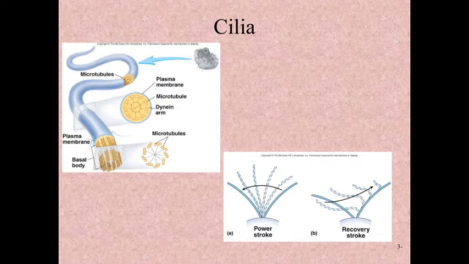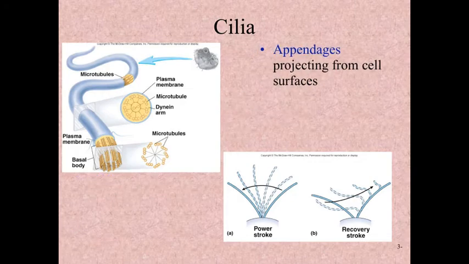ATP acts on the microtubules, causing them to shift relative to one another, and that shifting causes the cilia to whip back and forth, and this produces a current in the extracellular fluid surrounding the cell. You can see an example of this whipping in the lower image on the right.